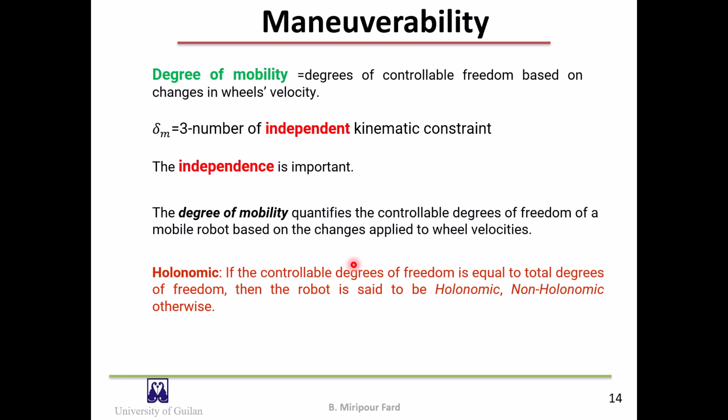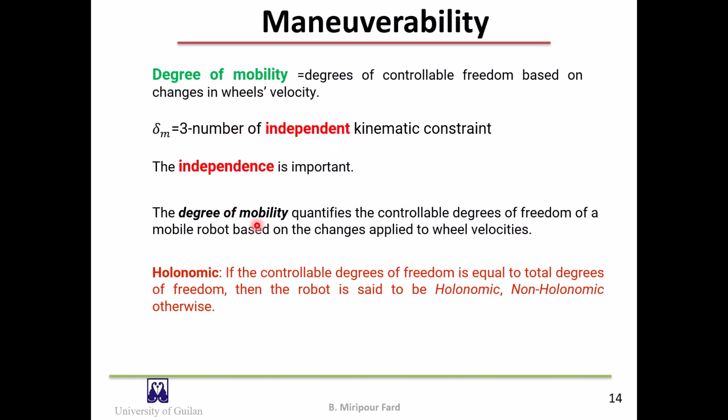Degree of mobility equals degree of controllable freedom based on change in wheel velocity. Degree of mobility equals 3 minus the number of independent kinematic constraints. So the independence is important in this definition.